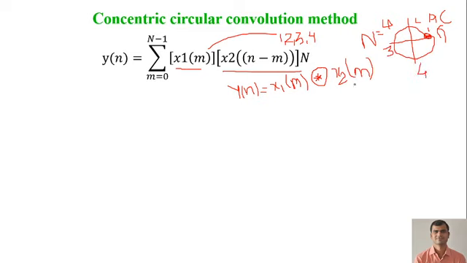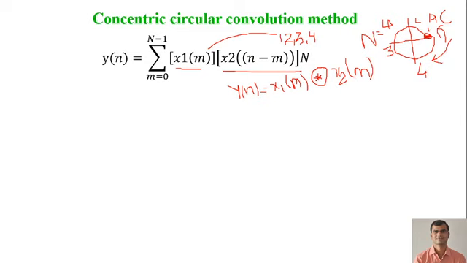Now to get x2 of m, what do I require? When I put n equal to 0, I am going to have x2 of minus m. To have x2 of minus m, I have to take the sequence of x2 of m in clockwise direction, because I have taken the direction of x1 of n as anti-clockwise.